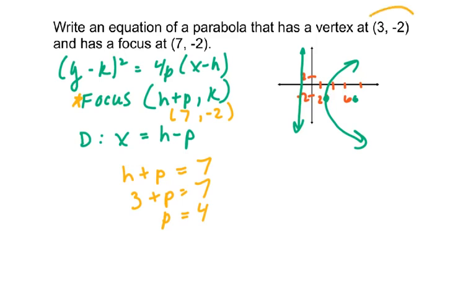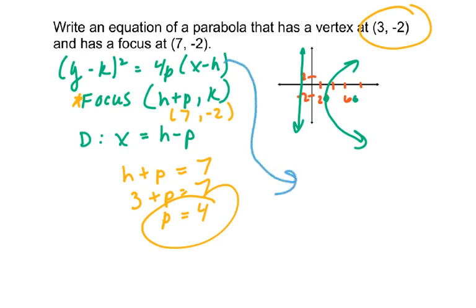So based on our vertex and now our p-value, we should be in good shape to write our equation from the standard form. So y minus k, so that's going to be y minus a -2 squared equals 4 times p, which is also 4, times x minus 3.